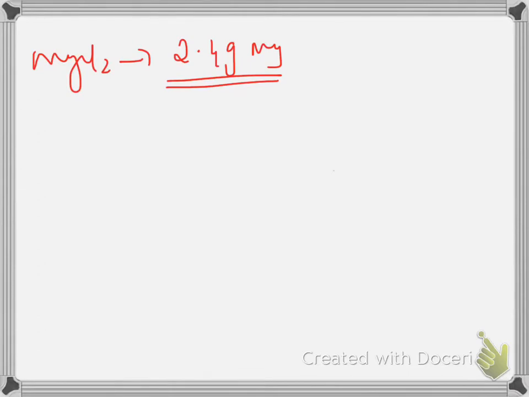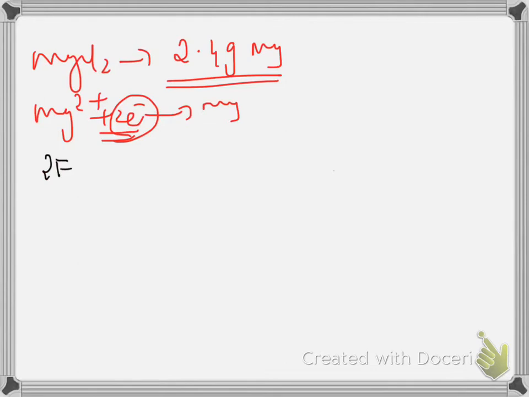How? As far as magnesium is concerned, the equation is Mg2+ plus 2 electron gives Mg. What does this 2 electron indicate? This 2 electron says that 2 Faraday of electricity can deposit 1 gram atom of magnesium, that means 24 gram. 2 Faraday.